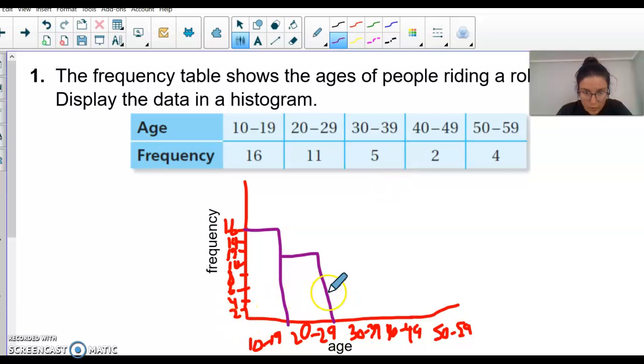We have 5 in between 4 and 6. Next one's 2. Connect them, make sure they're connected, and then go up to 4. And there you go. So that's your histogram.